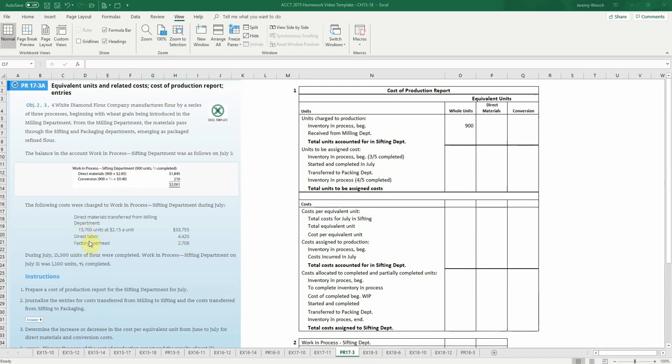Transfer to the milling department, 15,700. So we have a total of 16,600 units to account for. So for the inventory at the beginning of the process, we have 900.